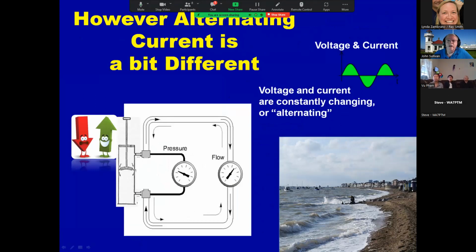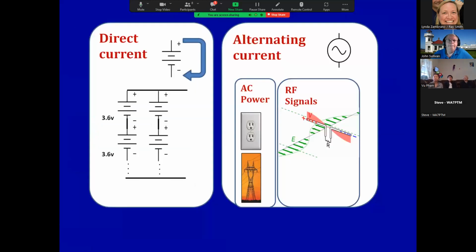You can think about it like the waves coming into a beach. It comes in and it goes out. It comes in and it goes out. And you can see this illustration here of the water with a pump that pumps in both directions. When you pull up on the plunger, the water goes in one direction. When you push down, it goes in the other. So as you lift up and down, you get an alternating flow, just like alternating current would alternate.